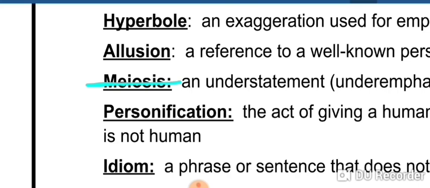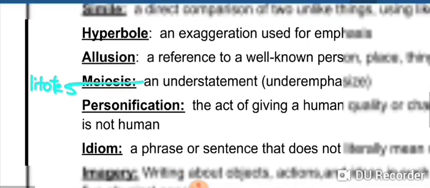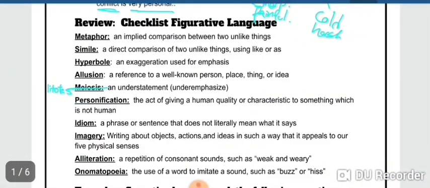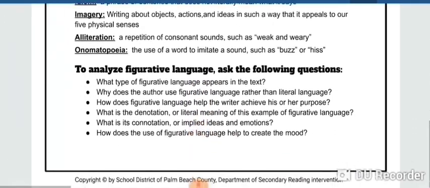So that's not the right term for understatement. The correct term is litotes, and it's spelled l-i-t-o-t-e-s, and that means understatement. That is correct in your vocab list, so you're good as far as that goes.